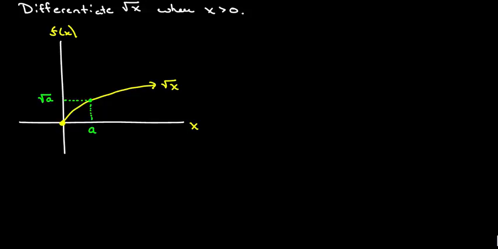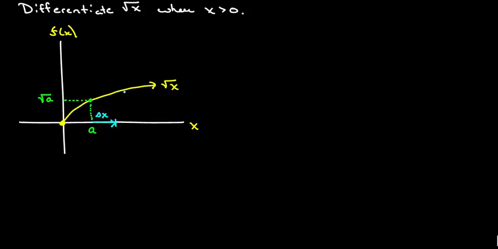Now let's grab another point a little bit over. So let's travel a ways over to right here. And let's call the distance that we travel, because this is the x-axis, delta x, or the change in the x value.